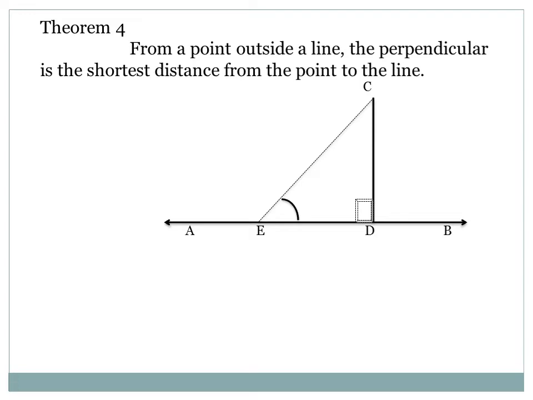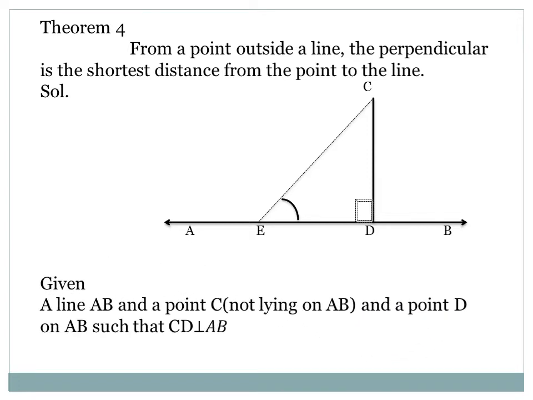The point C meets the line AB at point D. So we can say that CD is perpendicular to AB because these two lines intersect each other at a right angle. We have to prove that the perpendicular line CD is the shortest distance from the point C to the line AB. First of all, we will write what is given.